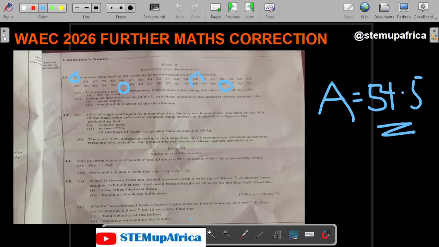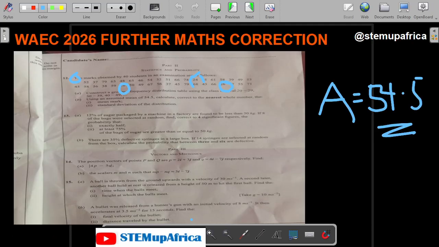Question 2, at least 75%. That means more than 50%. So let's know the amount that's equivalent to at least 75% for 8 out of 8 bags. So 75 over 100 times 8.